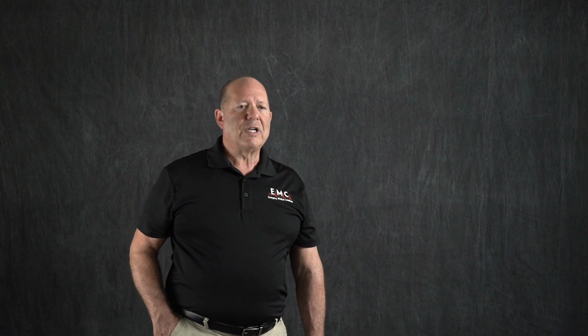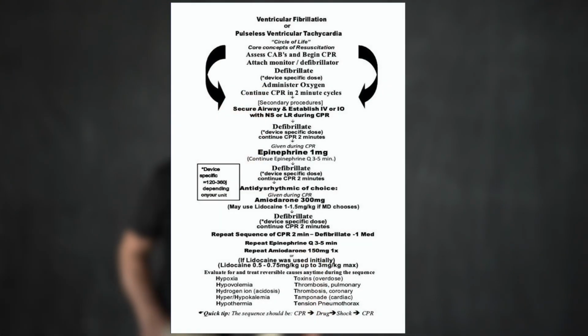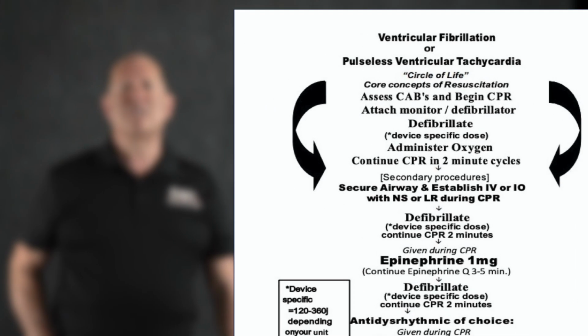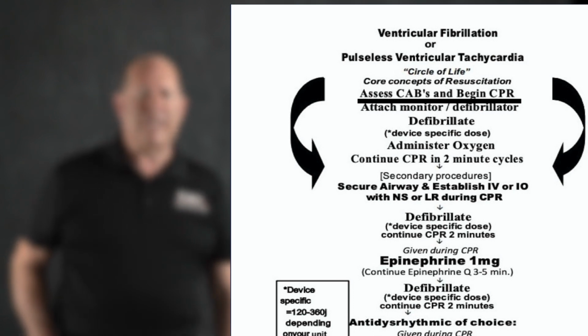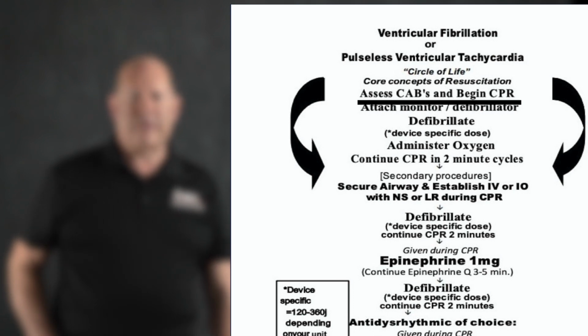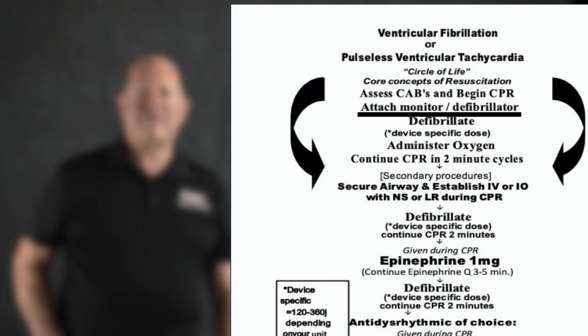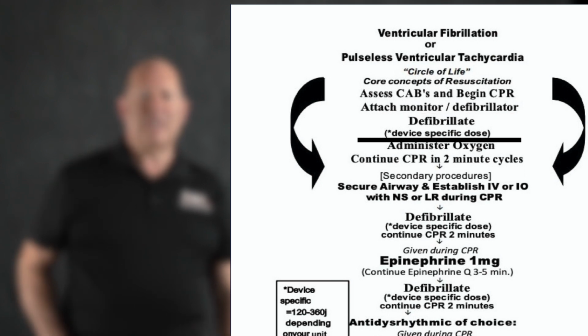So for ventricular fibrillation, which is going to be the same as pulseless ventricular tachycardia, the initial sequence is begin CPR, and then get a defibrillator in the room. As soon as available, defibrillate the patient at the appropriate energy for the device that you happen to be using.